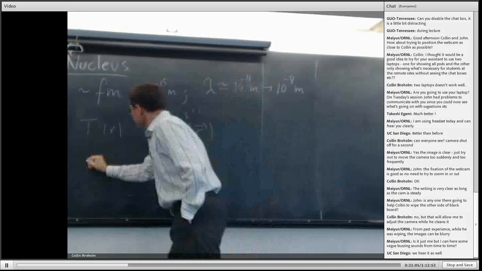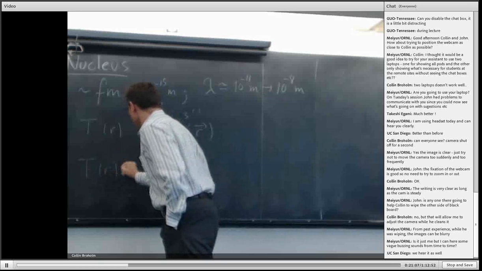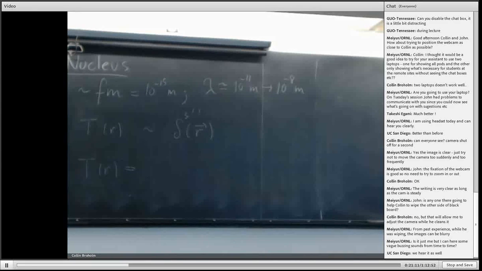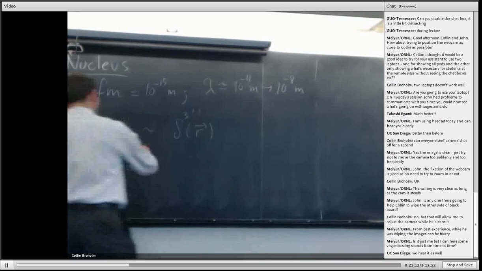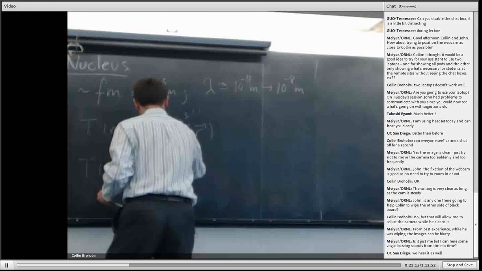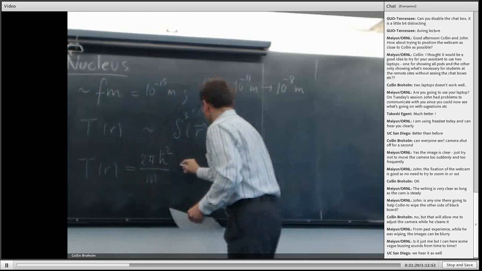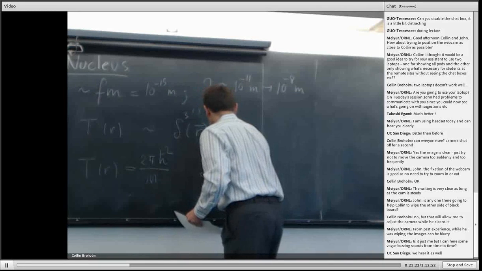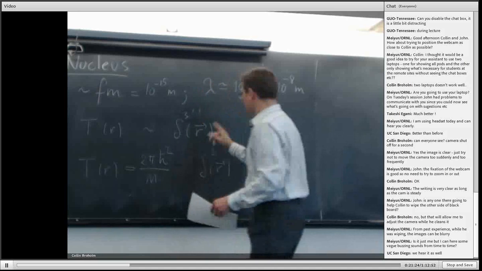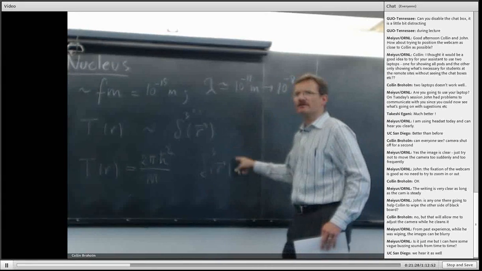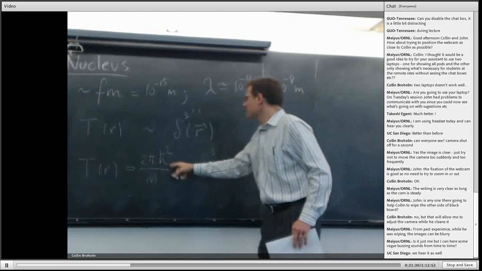And so to describe the scattering from a nucleus, what we typically will want to write down is something like 2 pi h bar squared divided by m times the delta function of r. But this won't be quite right because this one has dimension of inverse volume, and what I need is inverse area actually.